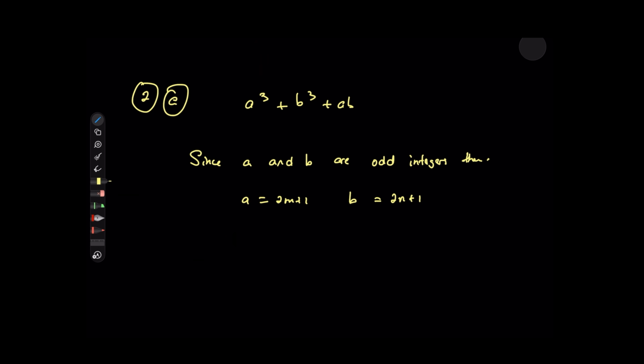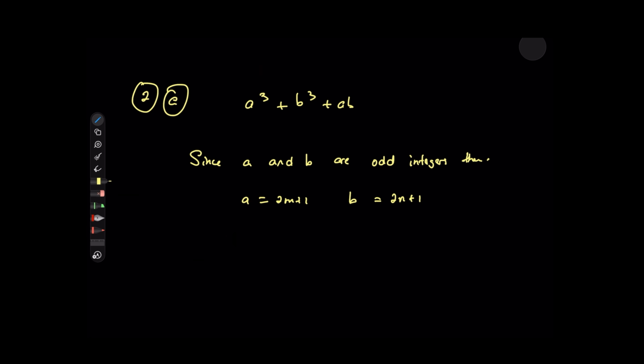Now, that's one way. The question did not say to prove, right? It said to determine. So let's try and approach this in a little bit of an easier manner, for the sake of time and so on. So if m and n in this case are odd integers, then I can reduce this expression in terms of modulo 4, because it's said to determine for it being divisible by 4.